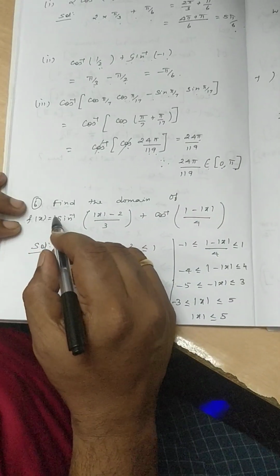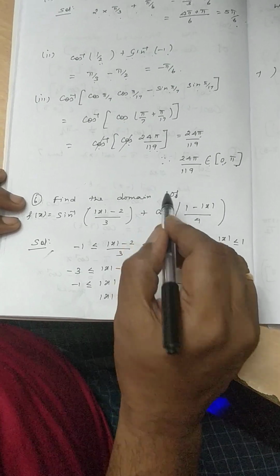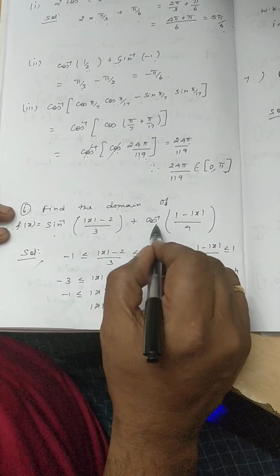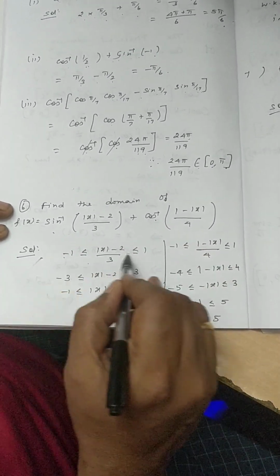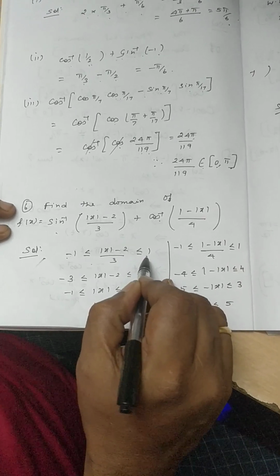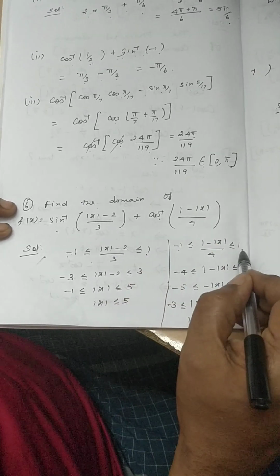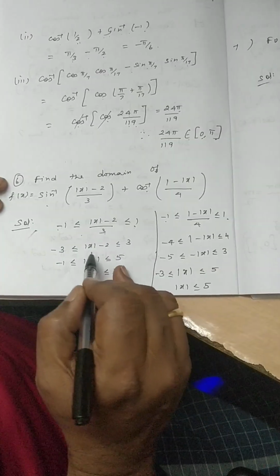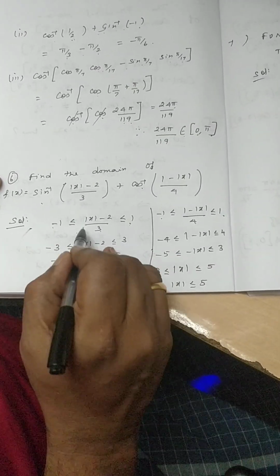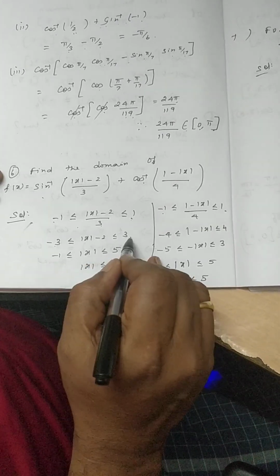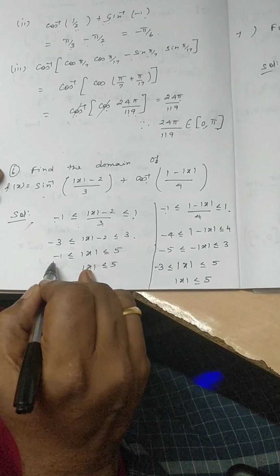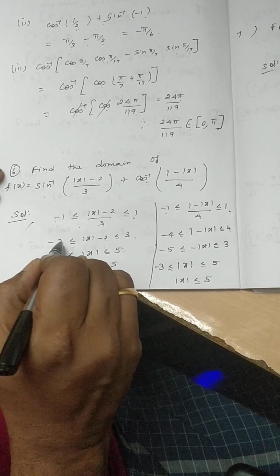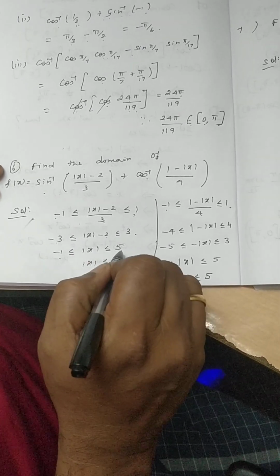Then the sixth one: find the domain of sin inverse plus cos inverse. The domain of sin inverse is minus 1 to 1, and cos inverse also minus 1 to 1. Modulus of x minus 2 divided by 3, multiplied by 3, the denominator 3 is cancelled: minus 3 to plus 3, and minus 2 goes to this side, plus 2, giving minus 1 to 5.